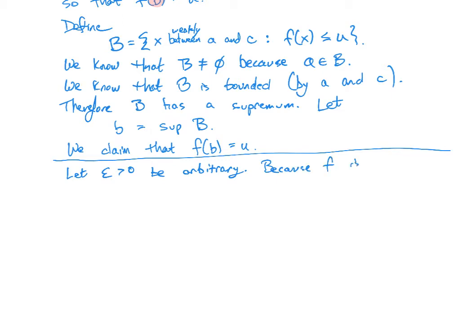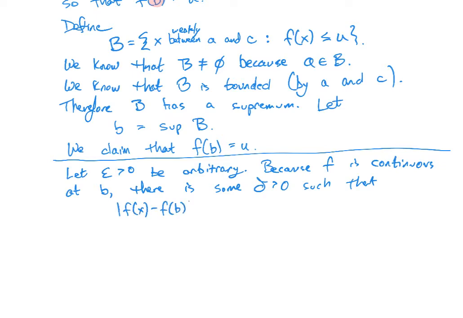Because f is continuous at b, there is some delta such that, and now this is just the thing in the definition of continuity, f of x is close to f of b whenever x is close to b. Okay.